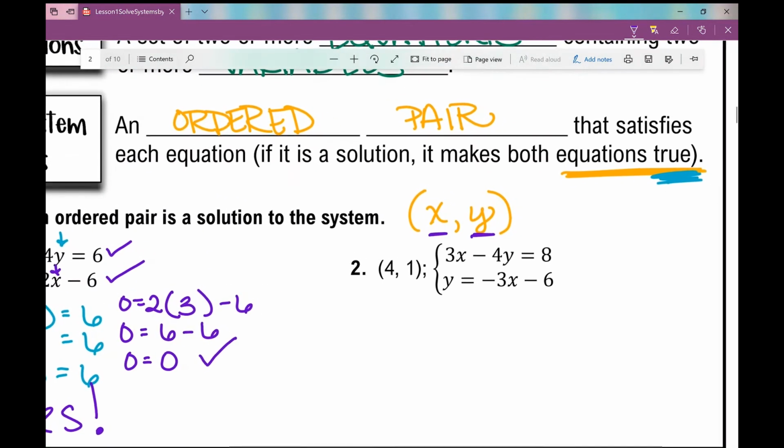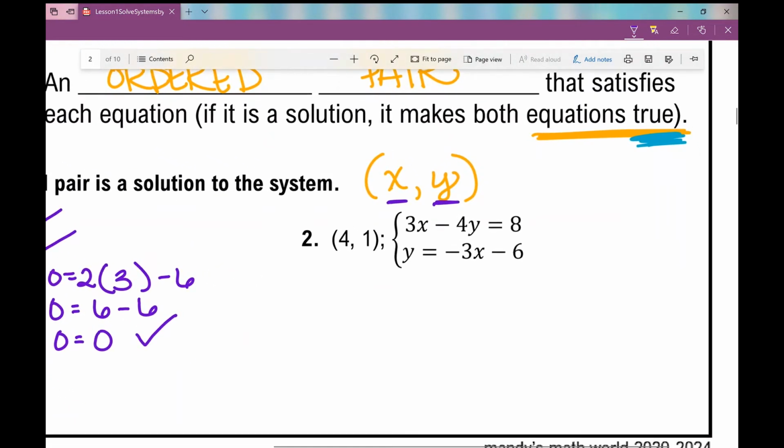Let's look at number 2. So number 2, and I'm going to change colors here. In this first equation, I've got my x variable here and my y variable here, and I'm going to replace my x variables with 4 and my y variables with 1. So instead of 3 times x, I'm going to write 3 times 4 minus 4 times 1 equals 8.